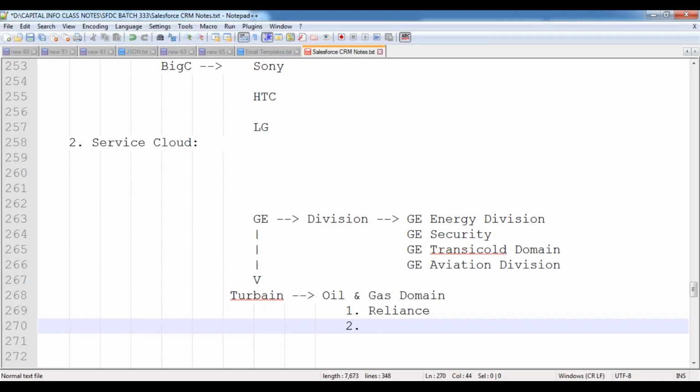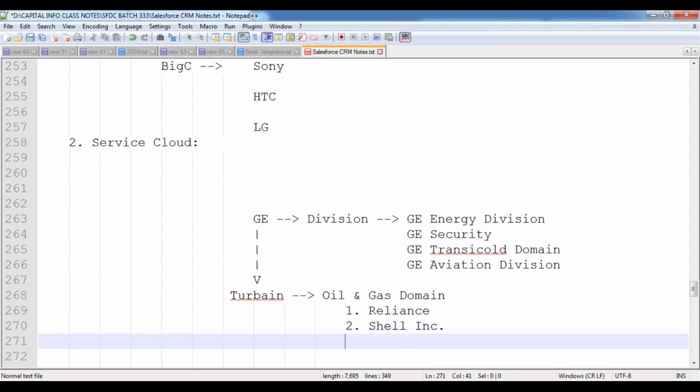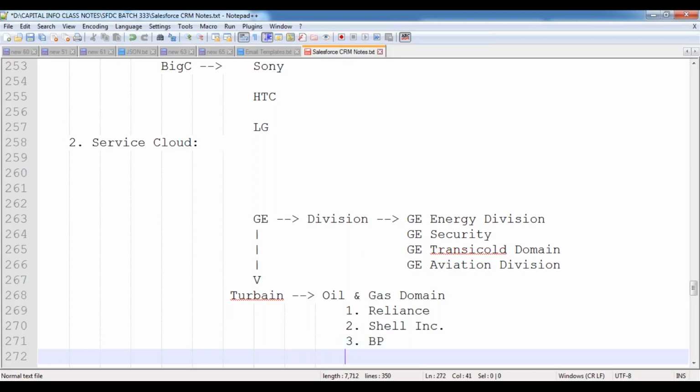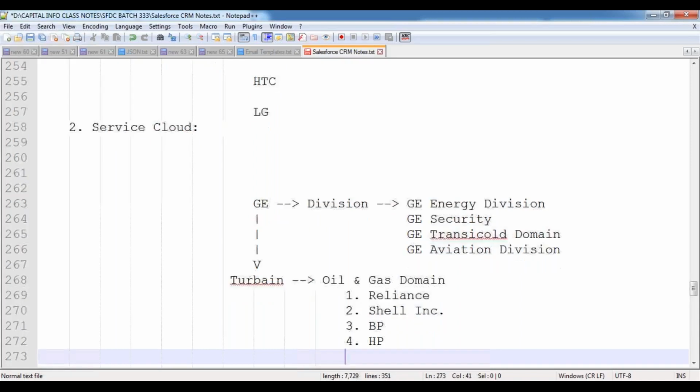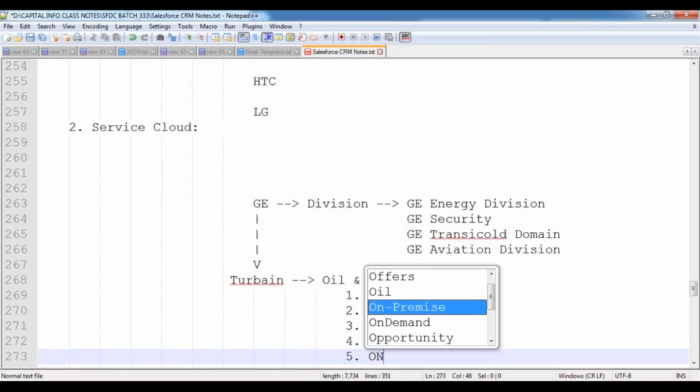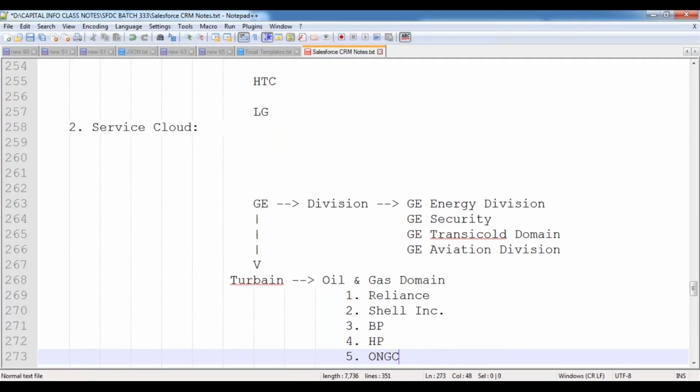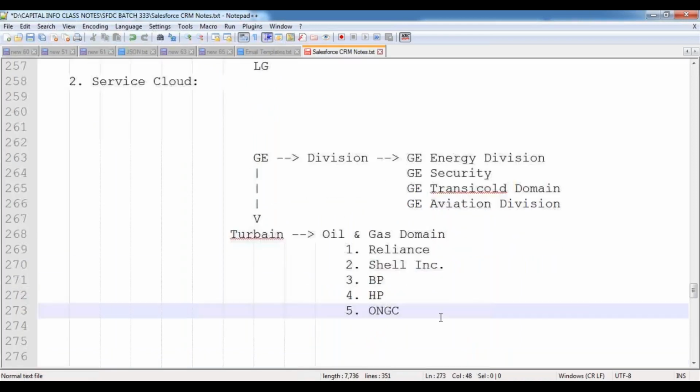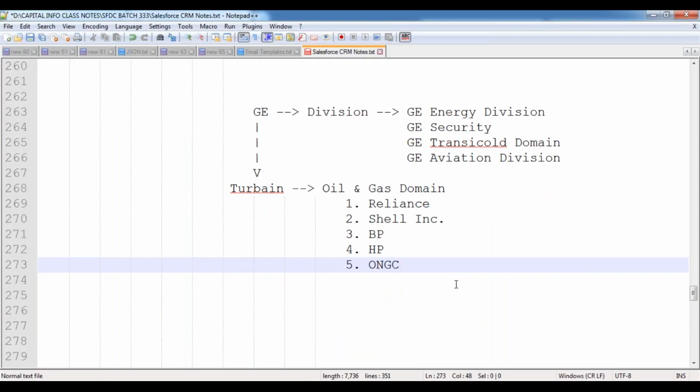And then we have Shell Incorporation, also in the oil and gas domain. Then Bharat Petroleum, Hindustan Petroleum, also into oil and gas. We have ONGC, an Indian government organization, also in oil and gas.